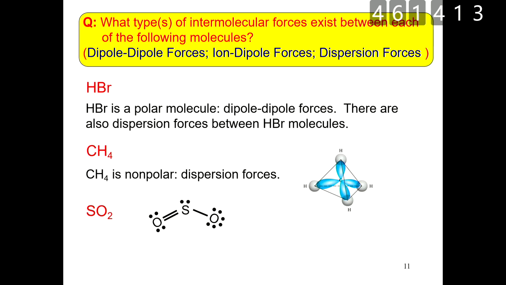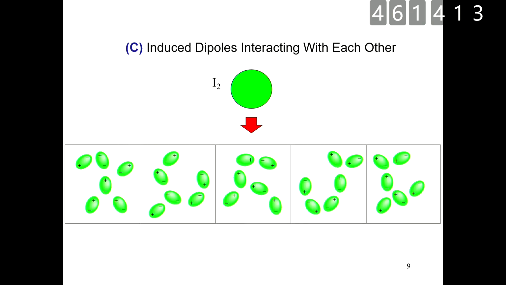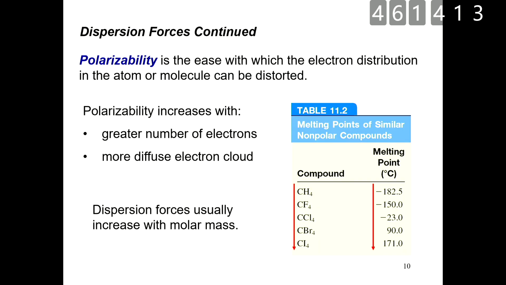For example, do you remember? From carbon, from this one to this one, their melting point increases, right? Melting point and boiling point have similar meanings. Melting point means from solid to liquid, boiling point from liquid to gas.